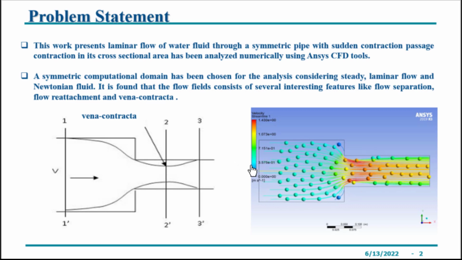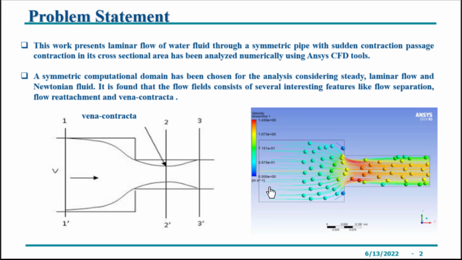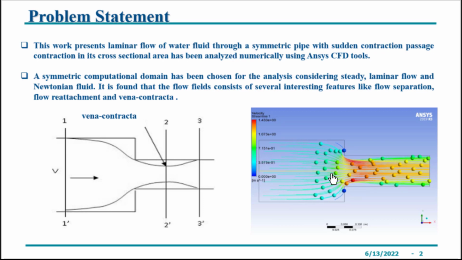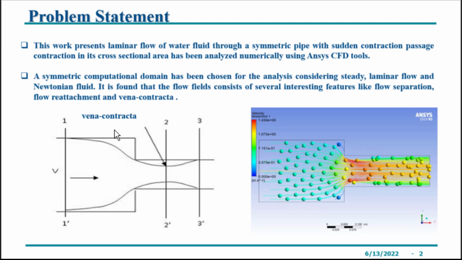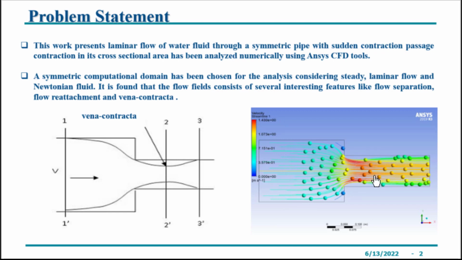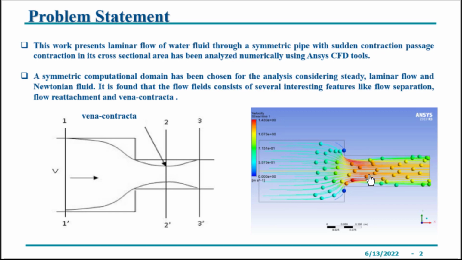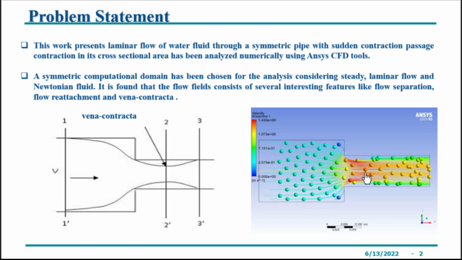In this simulation, we want to simulate a fluid flow from a large diameter to a small diameter of pipe, and the flow is going to a section or area called Vena contracta. Vena contracta means the point in the fluid stream where the diameter of the stream is at least and the fluid velocity is at maximum, such as a stream out of a nozzle.